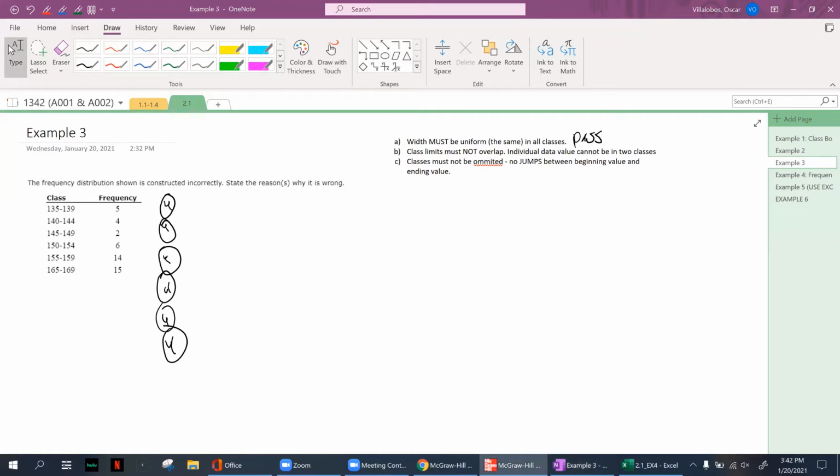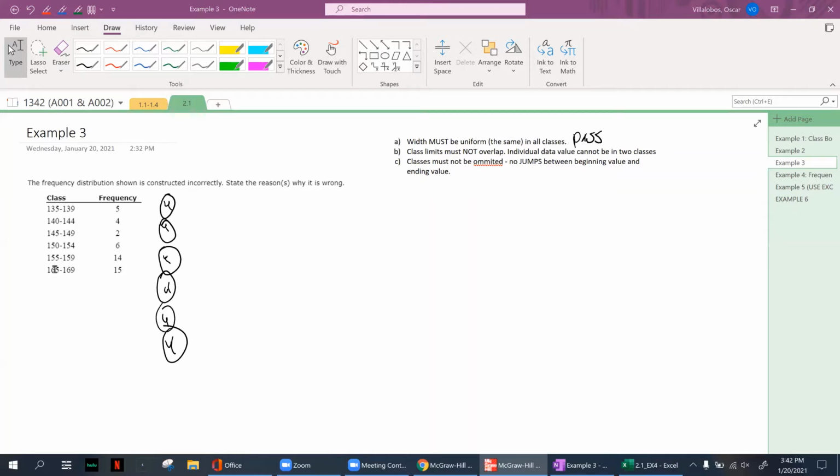Now let's check that the class limits must not overlap. So that means if I'm at 135 through 139, I have to continue in the next row at 140. Yep, it does 140, 145, 149, 150, 154, 155, 159.